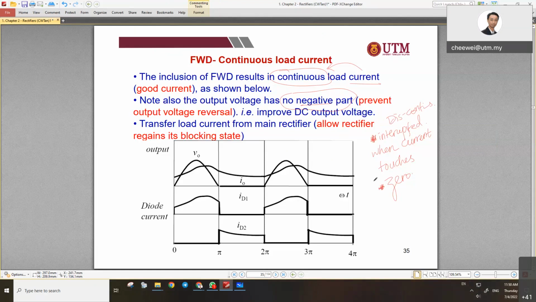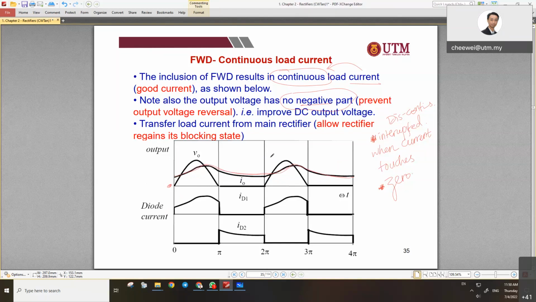So how do we know that it's continuous? This is the waveform of the current. The current is always above the 0 line. You see the current is floating above 0, so it's not touching 0. The current is always beautifully floating in the air.